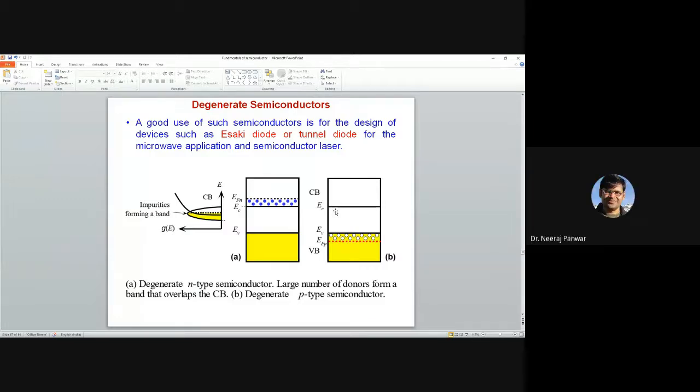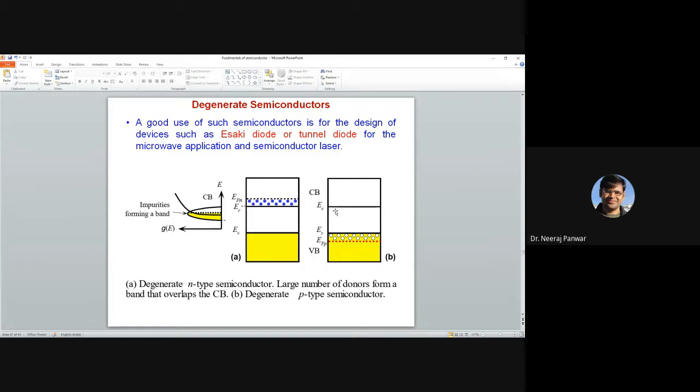Yes, the famous property of a tunnel diode IV characteristic is that it shows a negative resistance region. It shows a negative resistance region, which means with increasing bias voltage, the current decreases in a particular region. So you must remember it, it is an interview question.